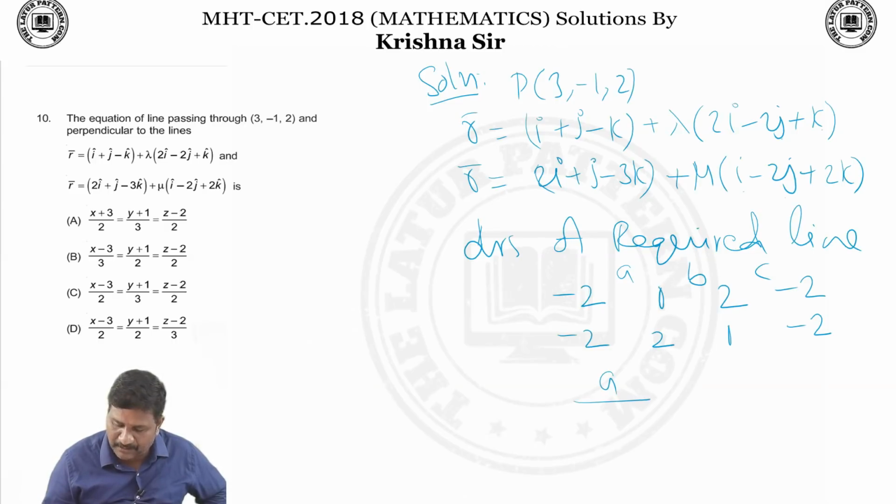So A upon this determinant we are finding: minus 2 into 2, minus 4 minus of minus 2, that is plus 2. Similarly B upon 1 minus 4. Similarly C upon minus 4 minus of minus plus 2.